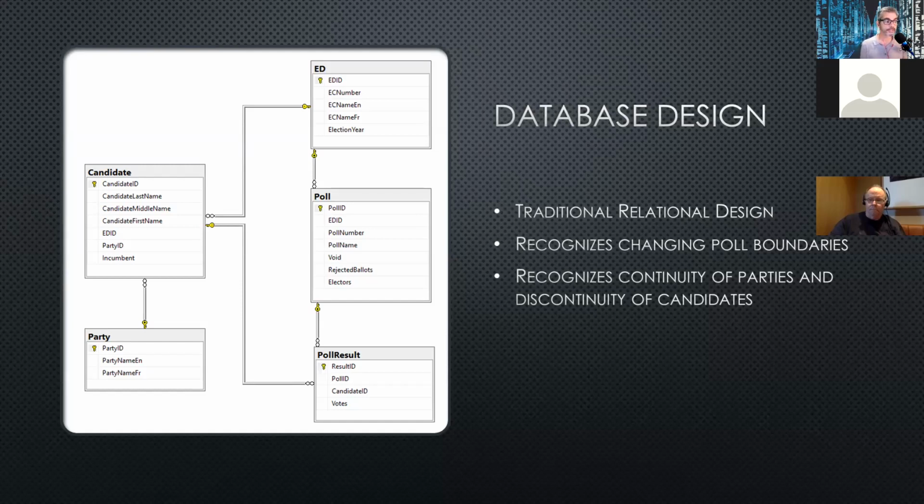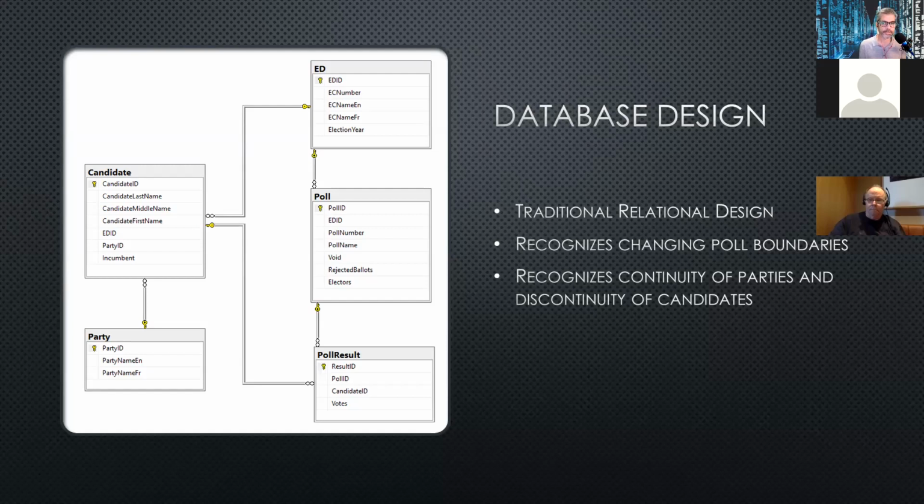So one thing that doesn't change between elections is parties. We have a set of parties in Canada that sometimes do go away, and new parties sometimes emerge.